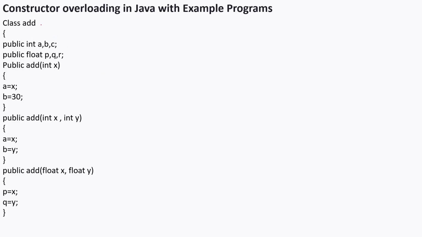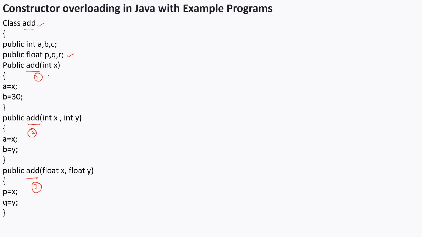See, I've taken my class as add, the same thing, and I'm going to take int a, b, c, then float p, q, r. Now you can see I have taken 3 constructors. Add is my class name. So add is the first constructor, add is my second constructor, and third, this is add, right?